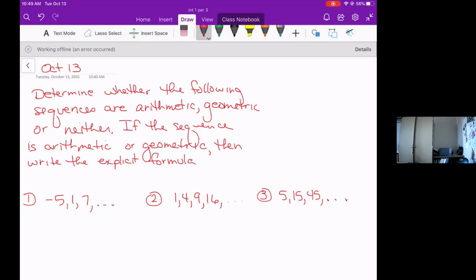So now if I wanted, n represents the term number. If I told you I wanted the 52nd term, you put 52 in for n. Okay?